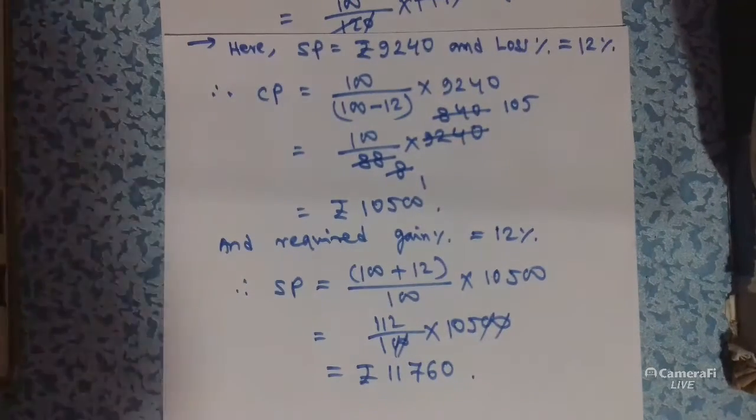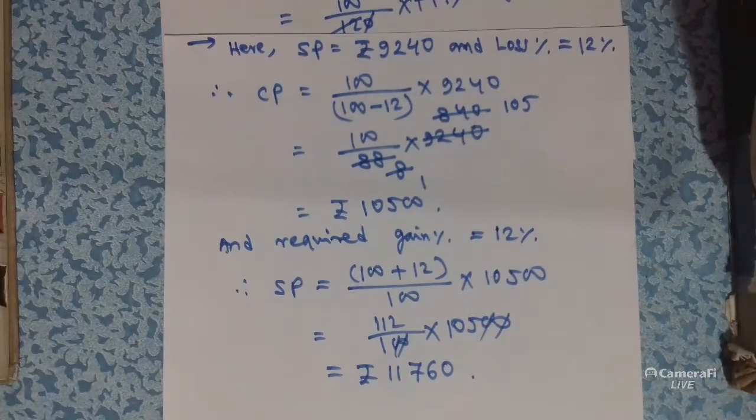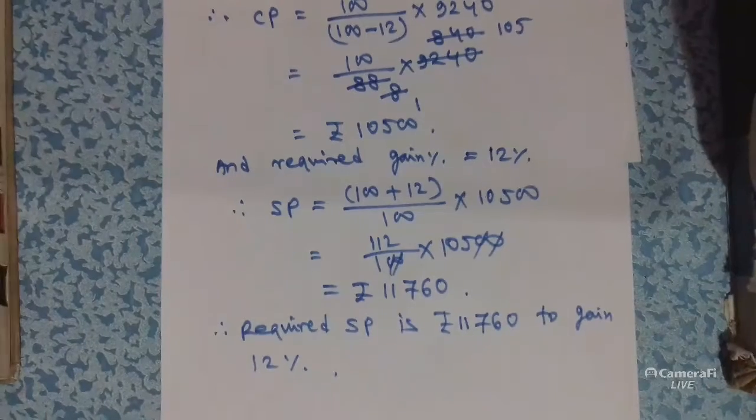So 11,760 is the required selling price. So therefore we have to write the answer that required selling price is rupees 11,760 to gain 12%. So I hope you understood, students.